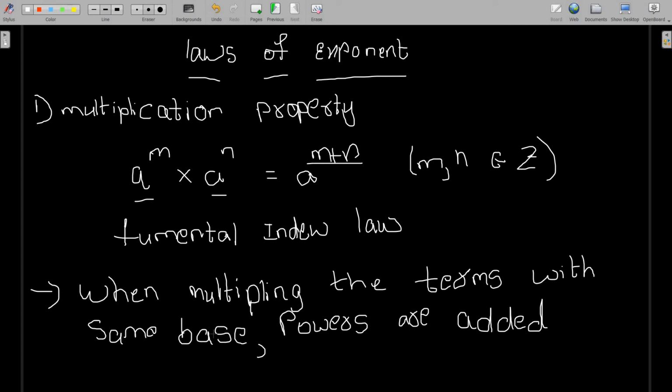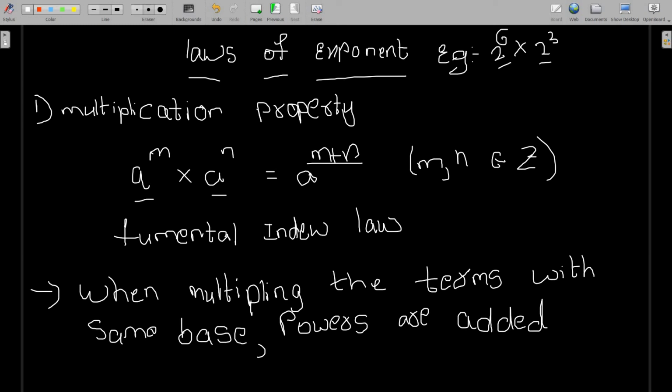What is given here: when multiplying terms with the same base, the bases should be the same, and the powers can be either the same or different, it makes no problem in the question. The powers should be added. For example, I am writing one example here. Note this example and you will get the statement of the multiplication property: 2 power 6 into 2 power 3.